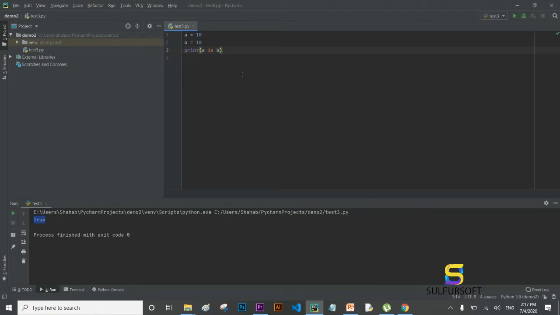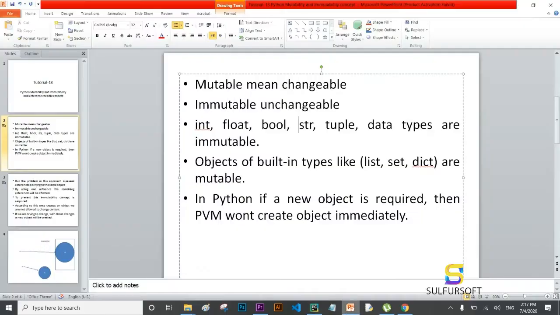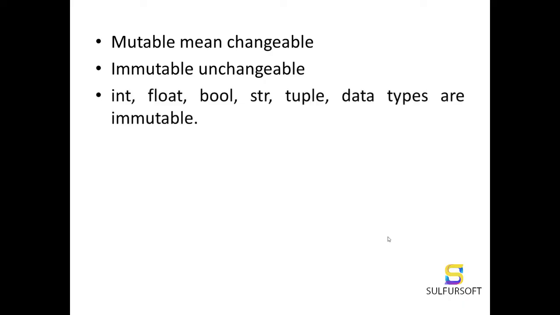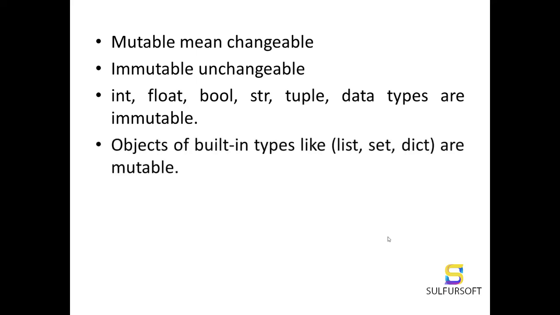Now we will discuss further data types to check whether they are mutable or immutable. In Python, int, float, boolean, string, tuple data types are immutable. Whereas built-in objects like list, set, dictionary are mutable.